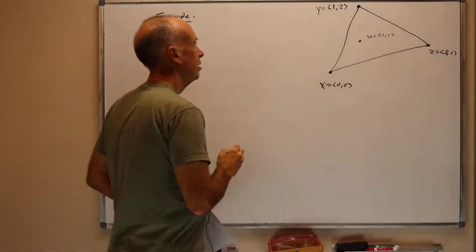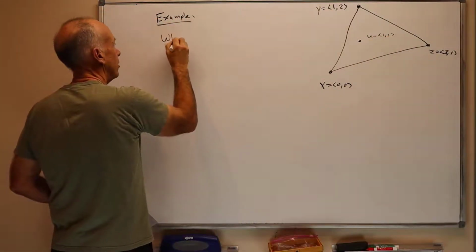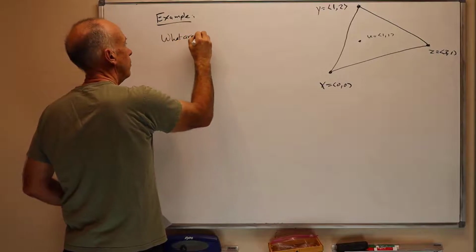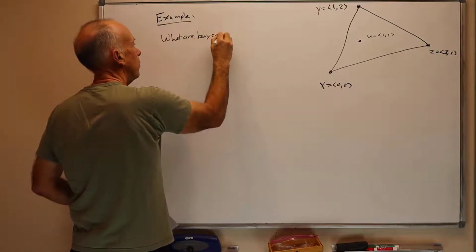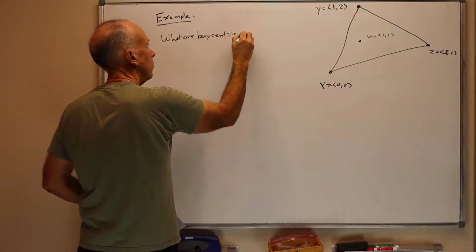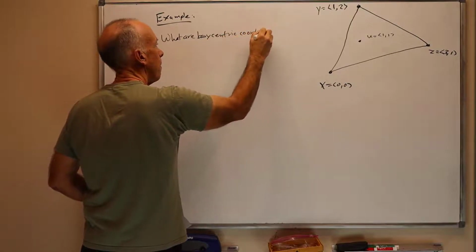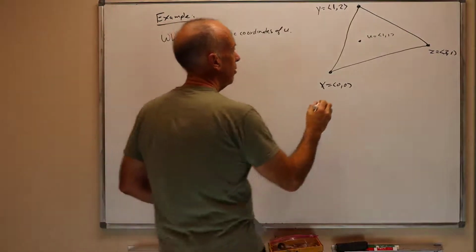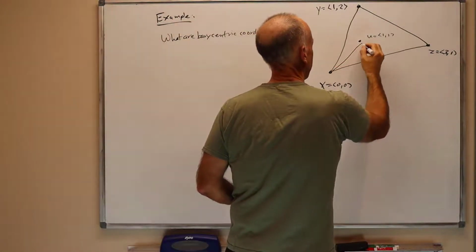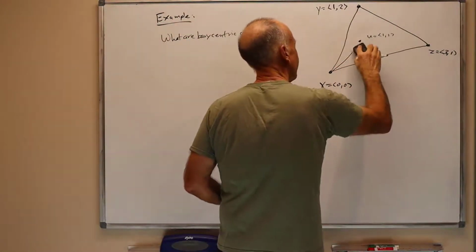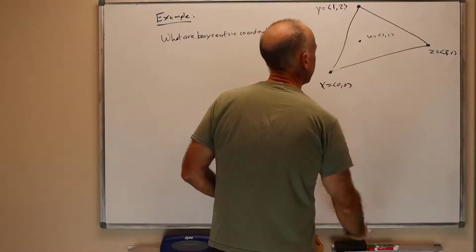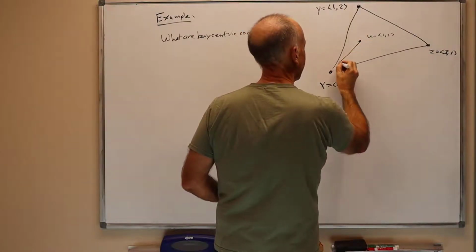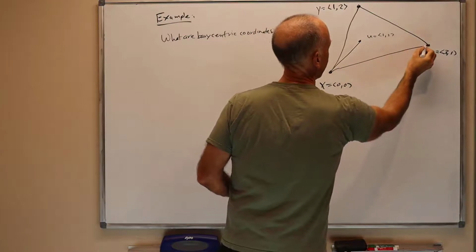And the question is, what are the barycentric coordinates of U? So what we want to do is know the areas of these triangles here. These are supposed to all be straight lines.